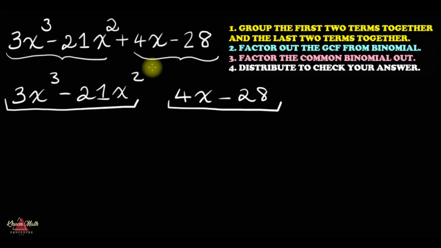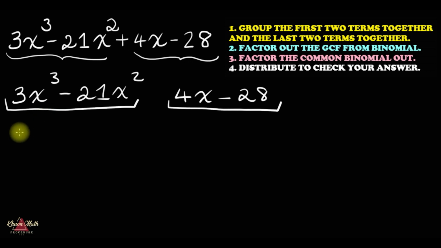Now step 2 is to factor out the greatest common factor from each binomial. So looking at the first binomial, what can we take out? Well, we can take out 3. 3 is your greatest common factor for the coefficients.